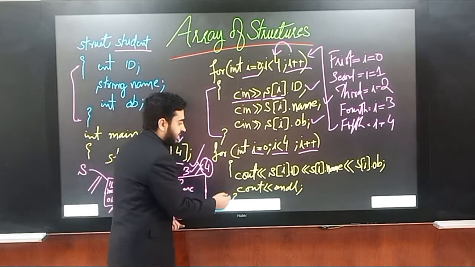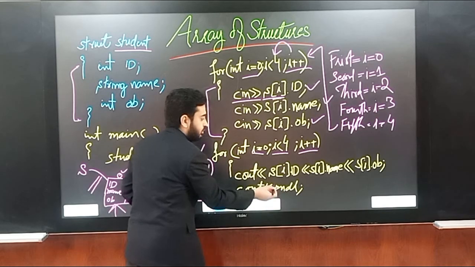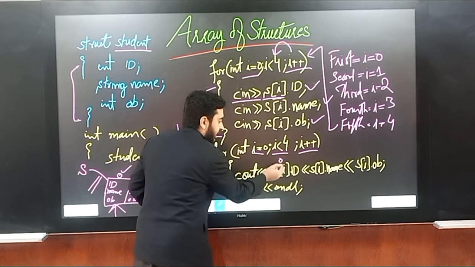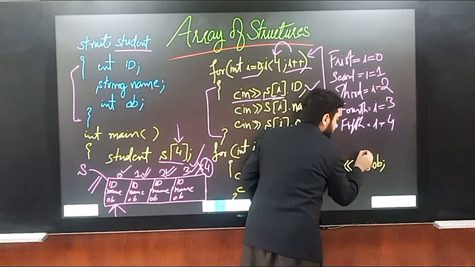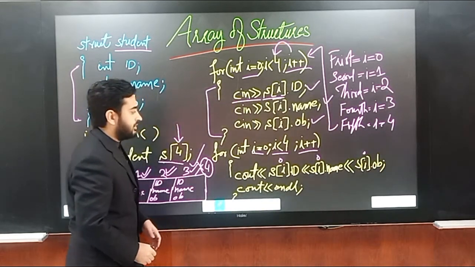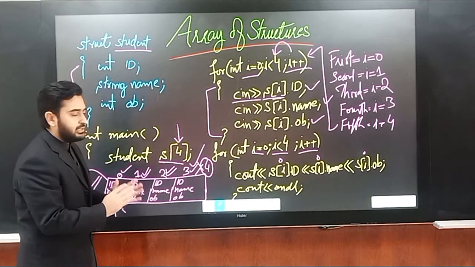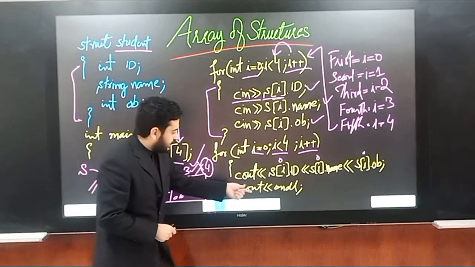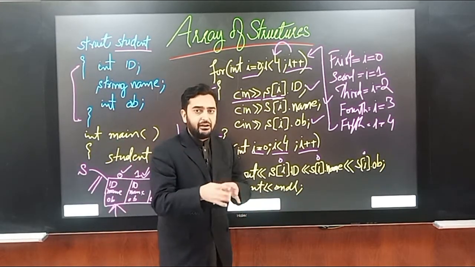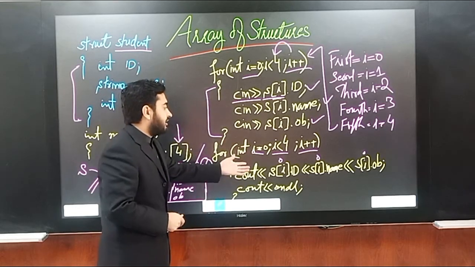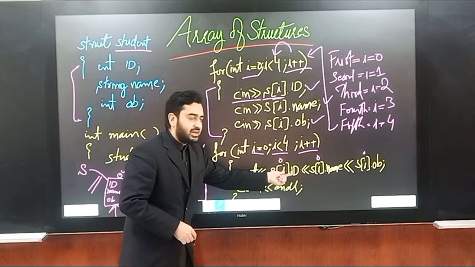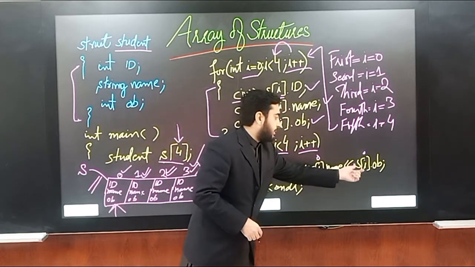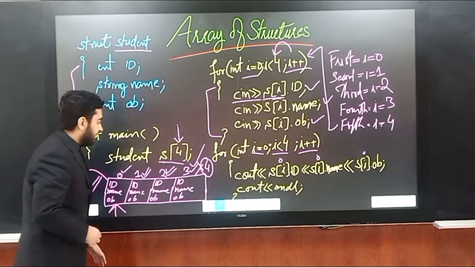In the first iteration i will be equal to 0, so s[0].id, s[0].name and s[0].ob, the obtained marks, will be printed on the screen, and then we print endl, the next line command. In the second iteration we will print s[1].id, s[1].name, s[1].obtained marks.